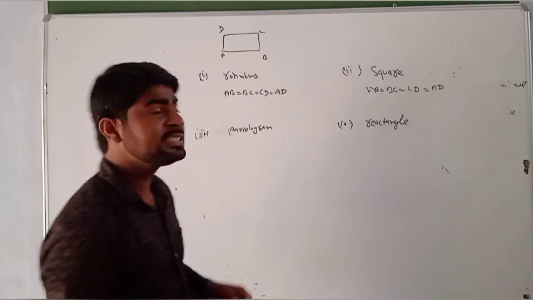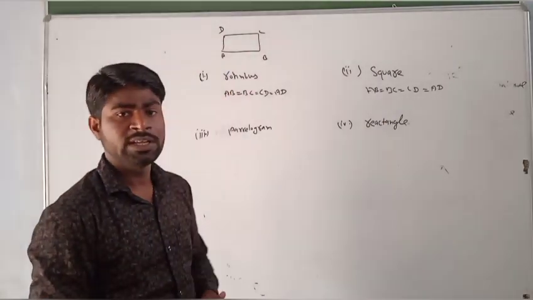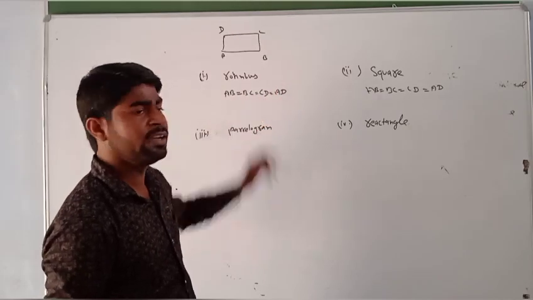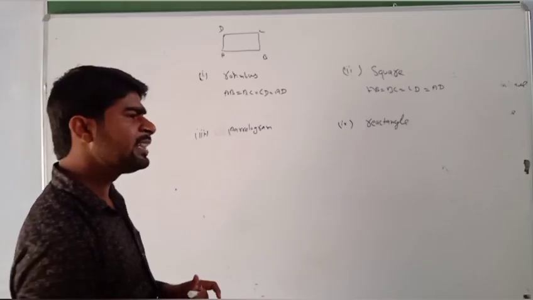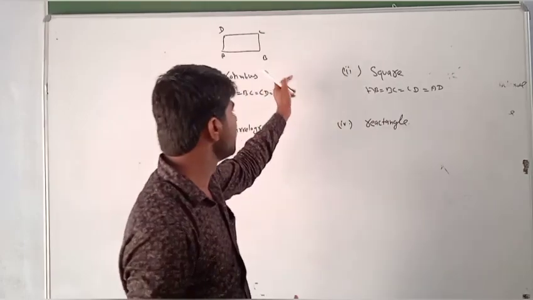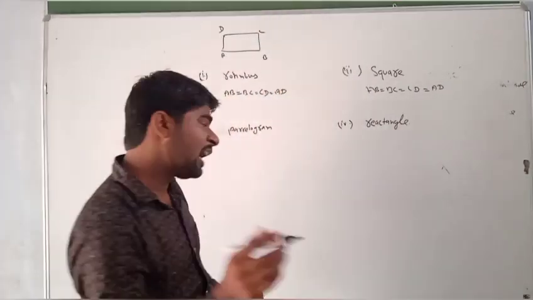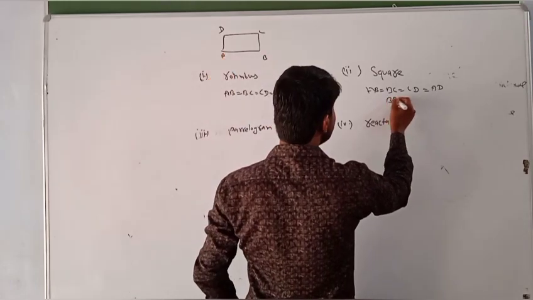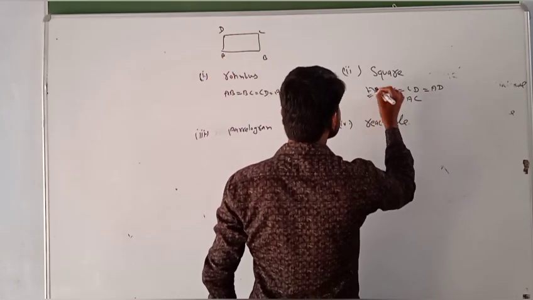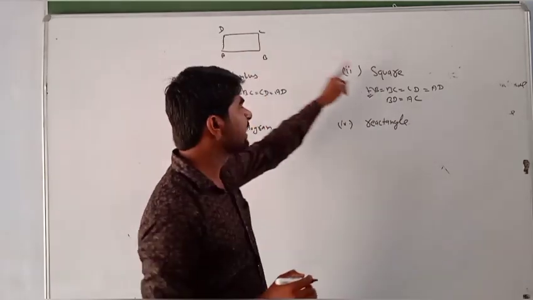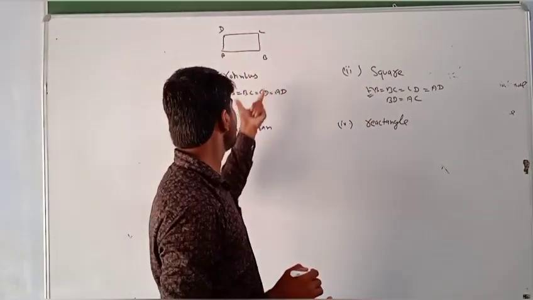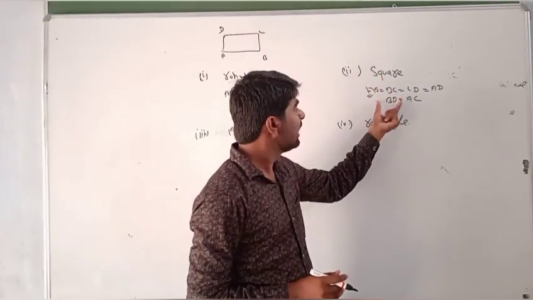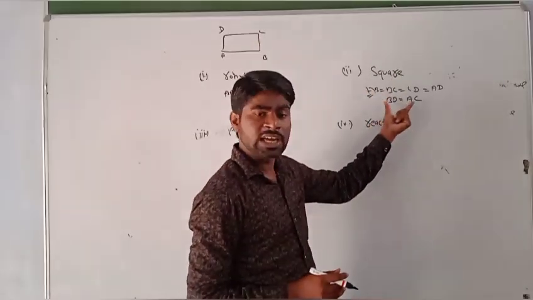So what is the difference between rhombus and square? In a rhombus, all the four sides are equal, but there is no condition on the diagonals. But in a square, it is also compulsory that the diagonals BD equals AC. Okay? So in a rhombus, all the four sides are equal. In a square, along with the sides, the diagonals are also equal.